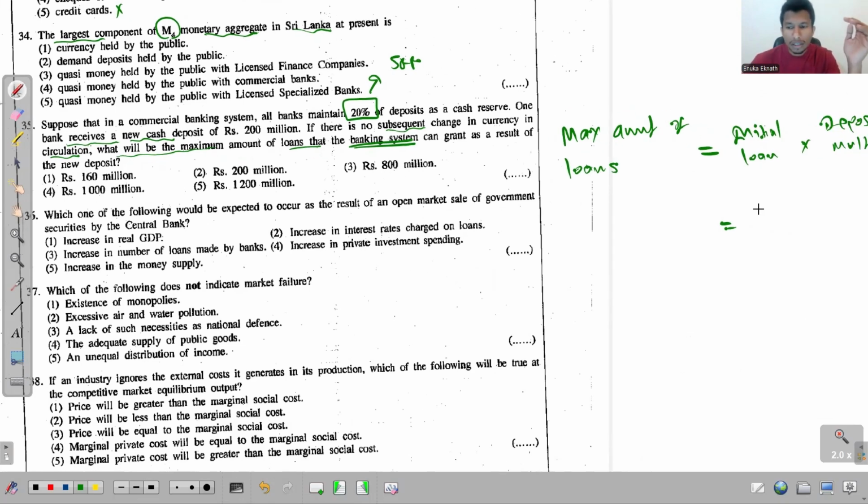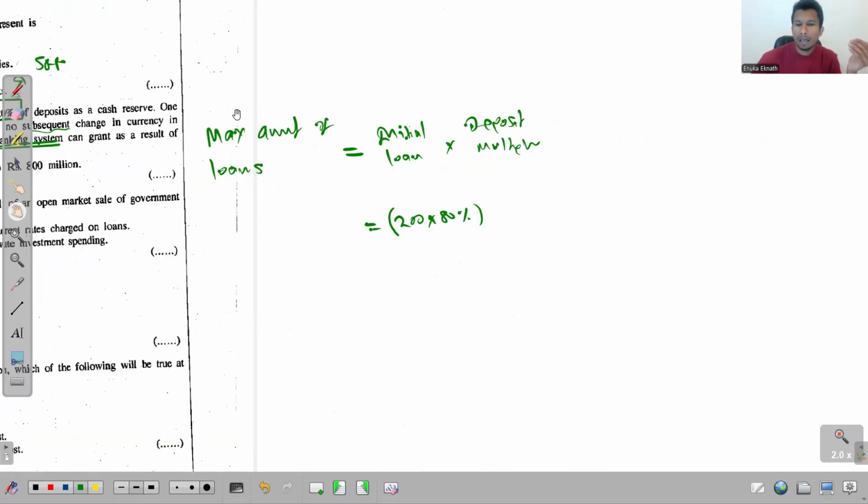You take the initial deposit, which is 200, and from that, this initial bank can offer 80% as the loan. Right. So 200 into 80% will be the initial loan, and that we should multiply by the deposit multiplier. By now you should know how to find this deposit multiplier, and that is just 1 over SRR. SRR is given to us as 20%, which is 0.2.